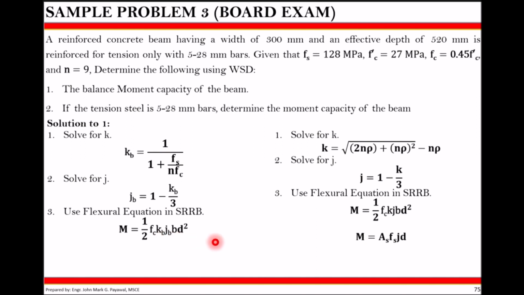After doing so, we'll repeat the same process, but this time we'll just compute for K and J, because number 2 is not a balanced condition anymore.